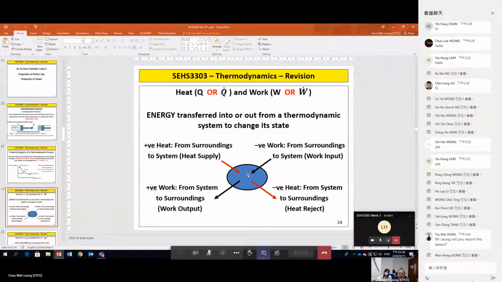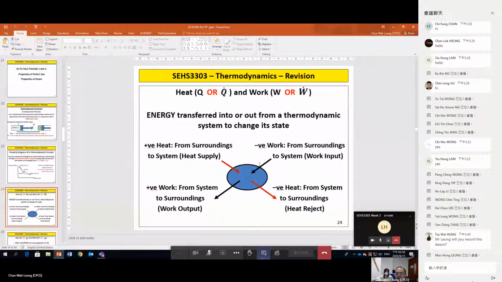However, if the work is produced by the system back to the surrounding, such as we have a diesel engine, so the diesel engine produces a work to the surrounding, that is from the system to the surrounding, that is positive work. However, heat is exactly opposite. So from the surrounding into the system, we call it positive heat.